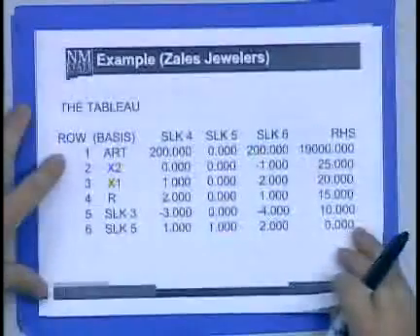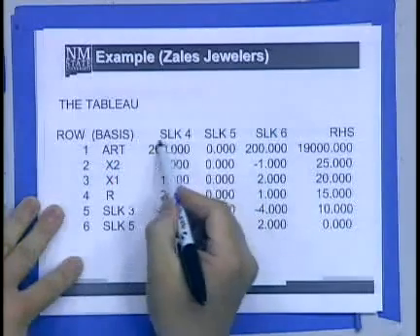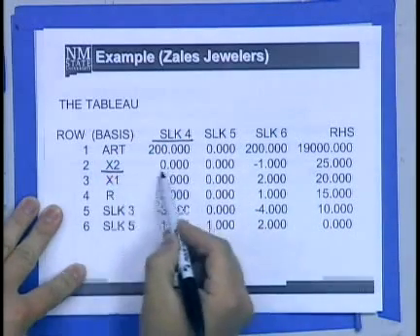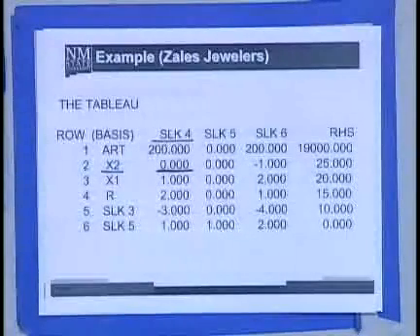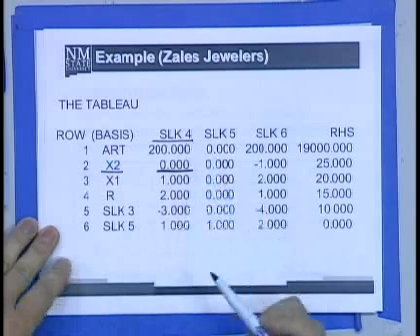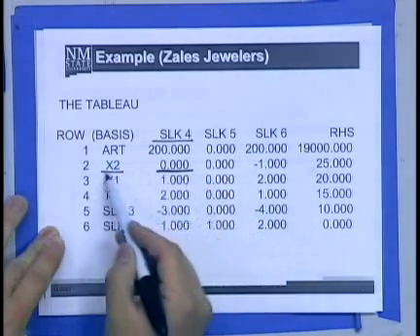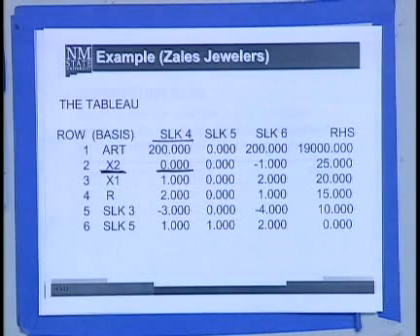Okay, here the substitution rate of slack 4 for x2 variable is 0, right? This means changes in slack 4 do not have any effect on the value of variable x2, right? So the answer remains the same.